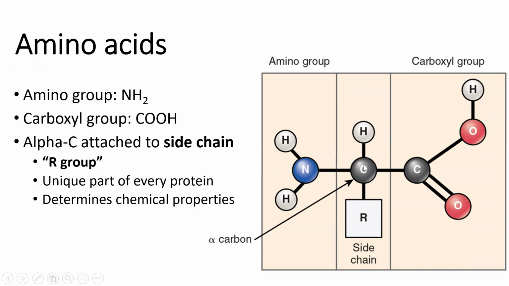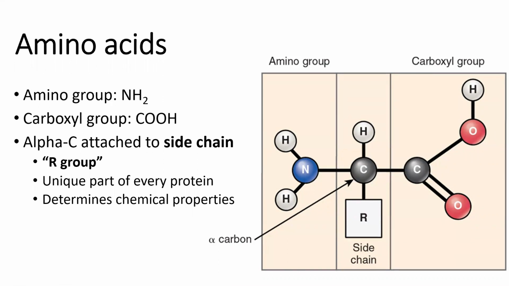What distinguishes one amino acid from another amino acid is the R group, or the side chain. And that is what makes each amino acid different from the other. And there are 20 amino acids. Now, in this class, you're not going to have to memorize them. You will have to memorize them in upper level biochem.